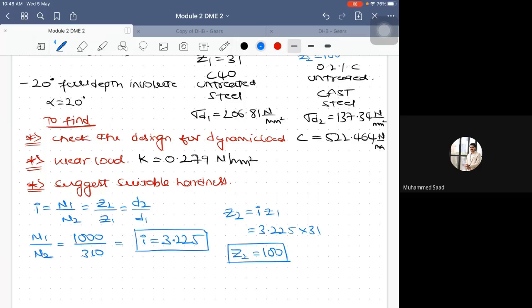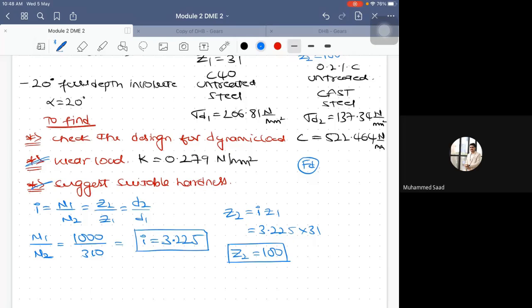Now we need to calculate the wear load and suggest the suitable hardness, he says. We have calculated the value of dynamic load, that is the value of FD. But he is asking us to check the design for dynamic load. We have just calculated it, but not checked it, right? Am I right? Yes, sir.